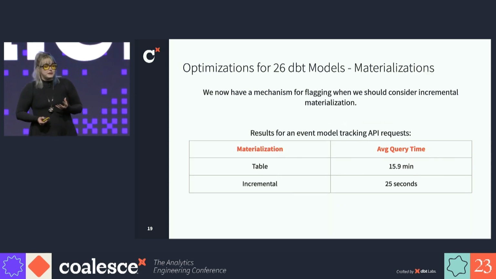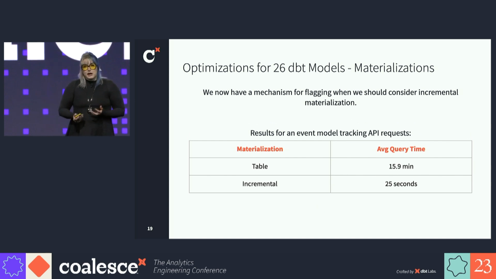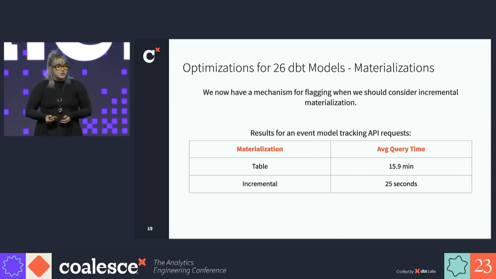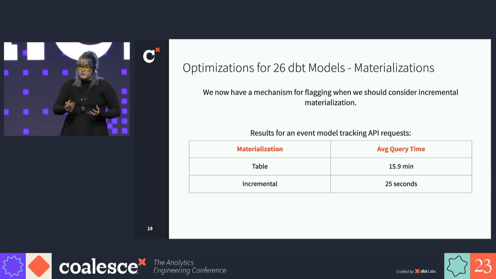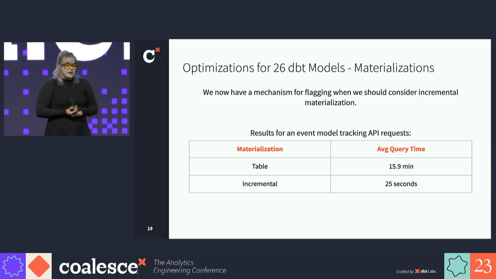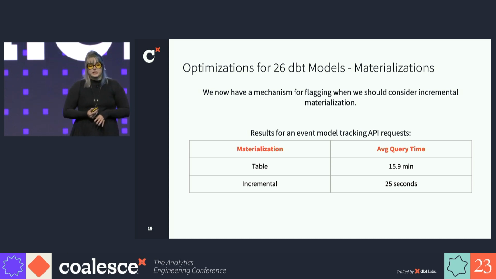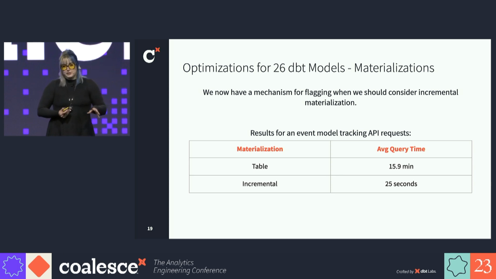We also identified models that needed to have their materialization strategy changed. It's a generally held DBT best practice that when you first implement a model, start out with a view or table materialization, and then only increase to an incremental materialization when you have a reason to.